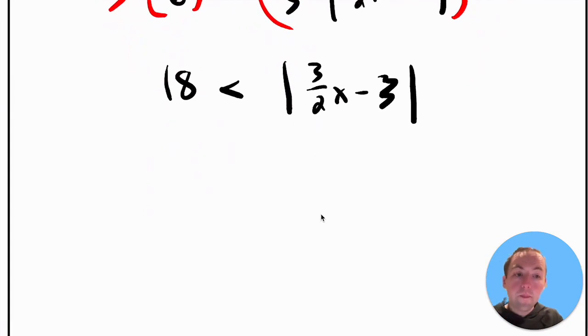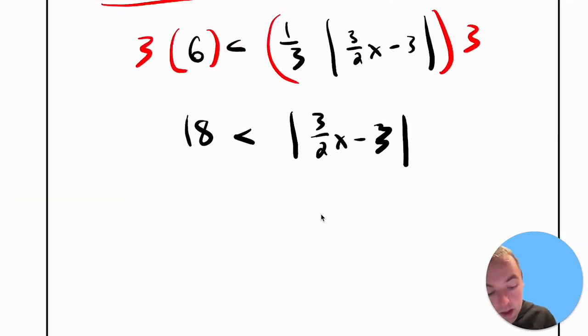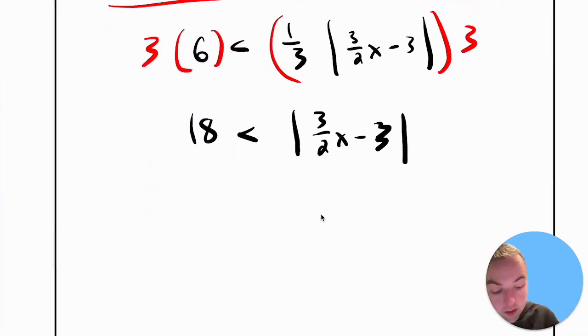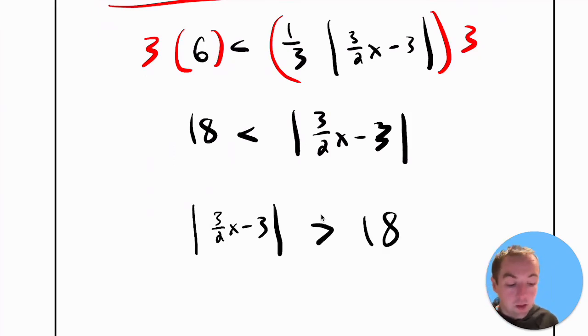All right, so now if 18 needs to be less than the absolute value of 3/2 x minus 3, another way you could think about this is you could say that 3/2 x minus 3, when you absolute value it, has to be more than 18. That's the same thing, right?